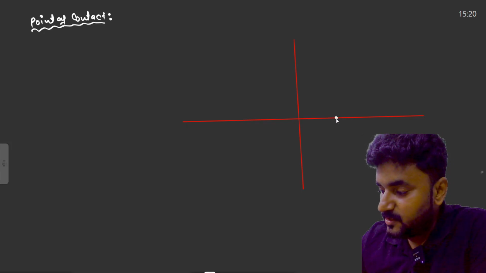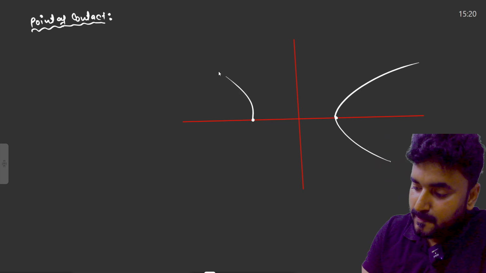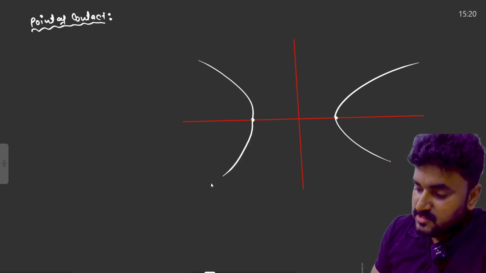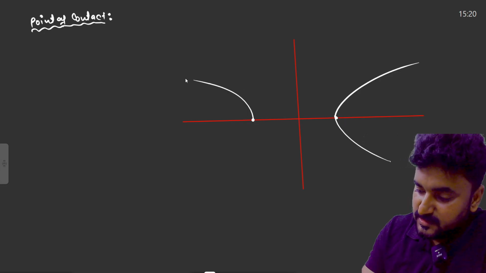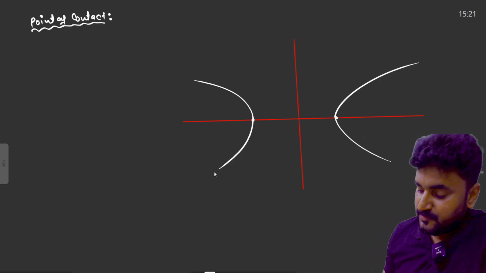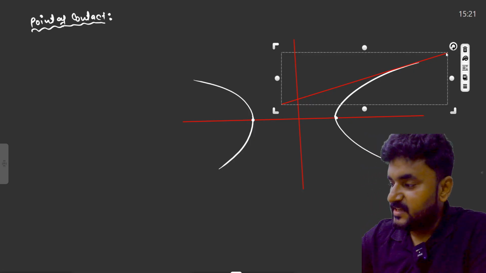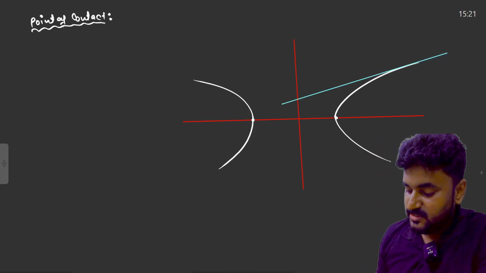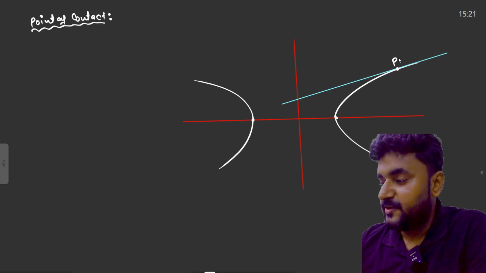I told you in the topic of ellipse about point of contact. If you have not seen it, I will make this video lecture for the ellipse also. So if there is any tangent, suppose this is any tangent, this point P is called the point of contact.